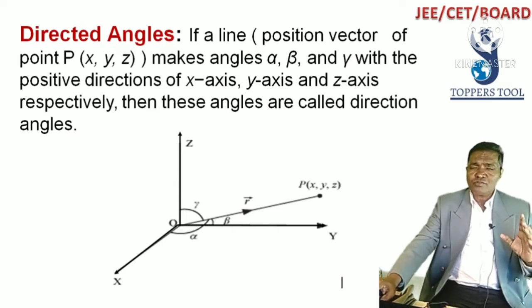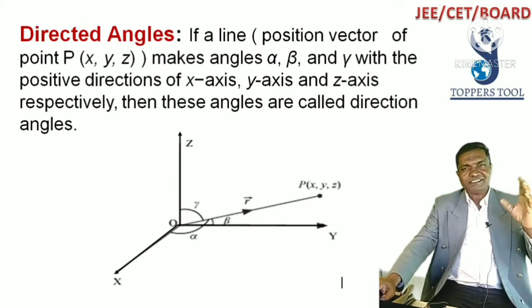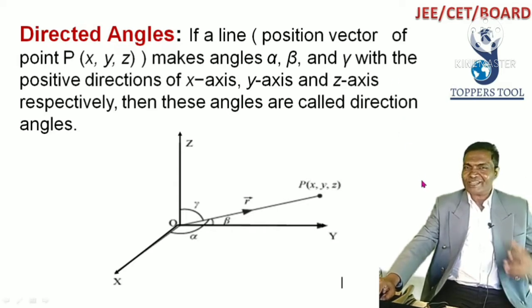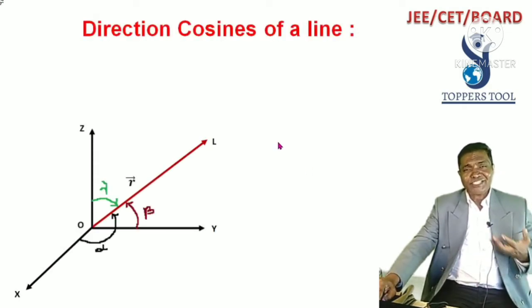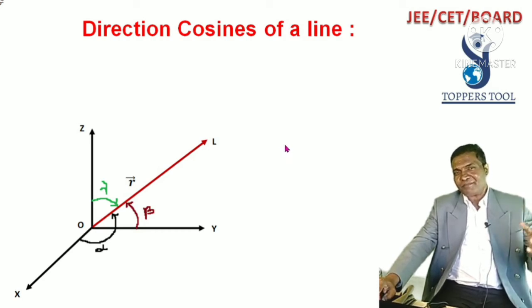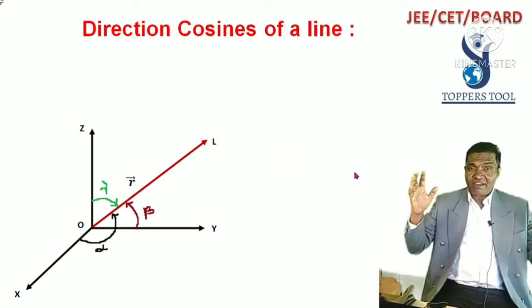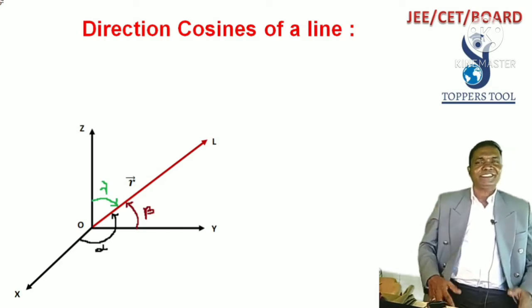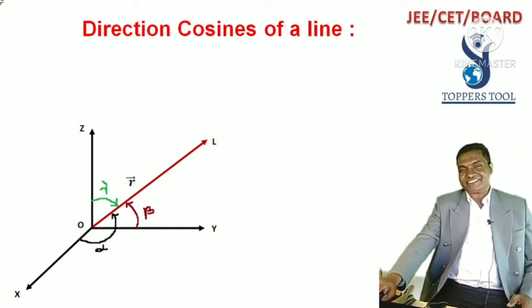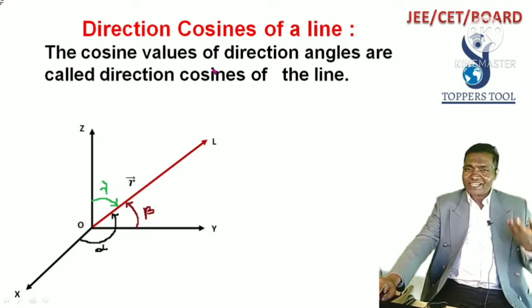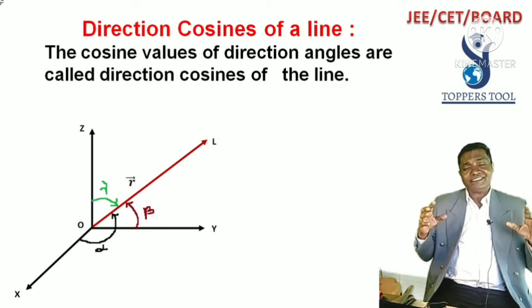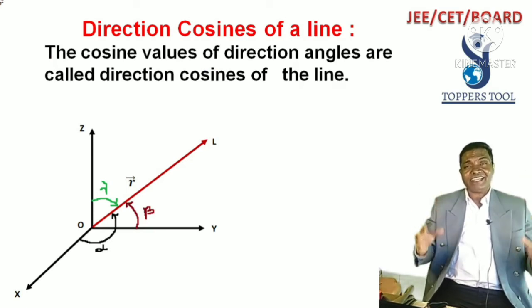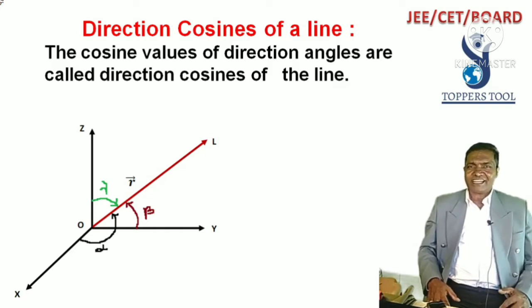So let's move on to the very important topic, direction cosines of a line. As we know, alpha, beta, gamma are the directed angles. If alpha, beta, gamma are the directed angles, then the cosines of those angles are called direction cosines of a line. Very simple; the name itself indicates it.